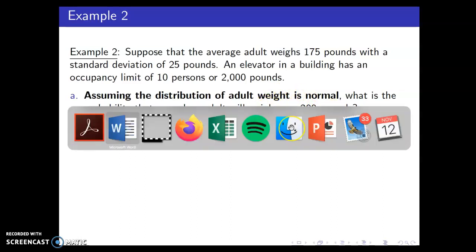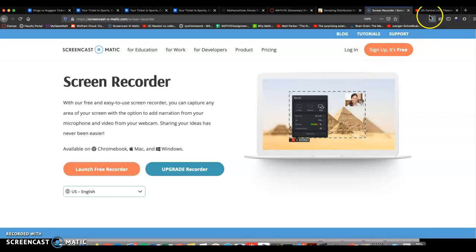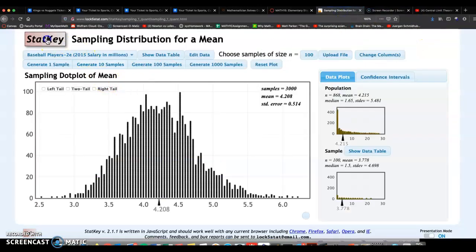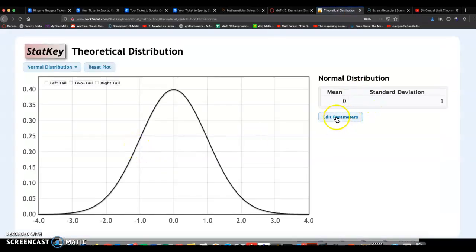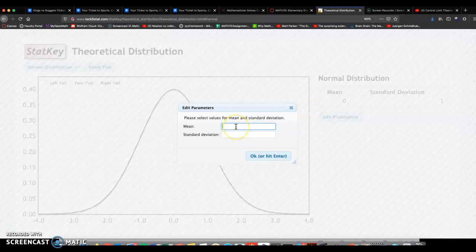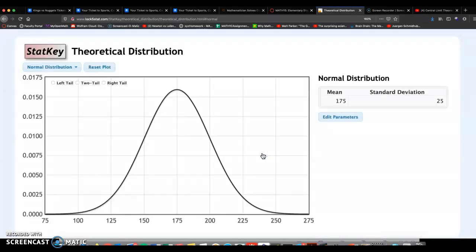Over 200 pounds. So I'm going to go to StatKey, and go to the normal distribution. I'm going to change the parameters so the mean is 175 and the standard deviation is 25. Click OK. Here the center is 175. We want the probability that someone weighs more than 200 pounds.